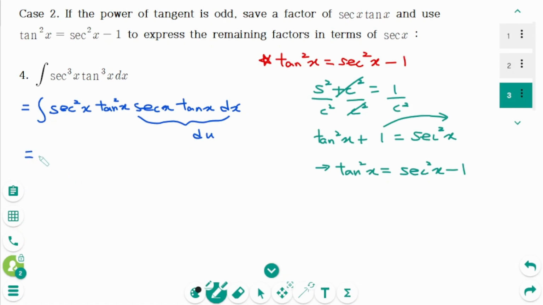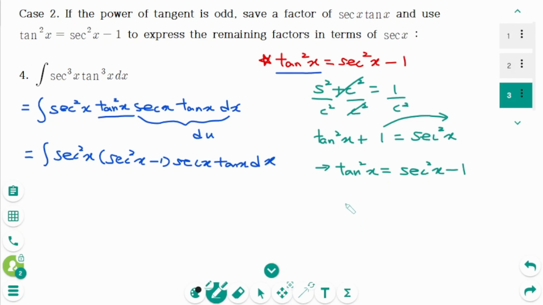Back to the original integral of secant squared x times tangent squared x is secant squared x minus 1, then secant x tangent x dx.